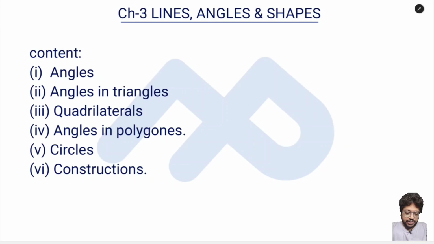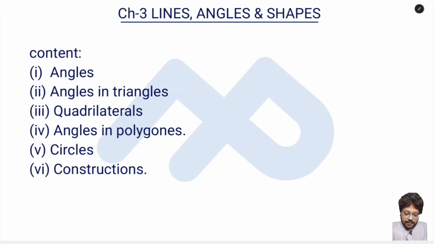So here we are starting the third chapter, that is lines, angles and shapes. In this chapter there are these 6 topics we'll be covering. As you already know, we have this method that we first explain each and every topic with small examples of each, and then there will be separate sessions for problem solving where we'll solve worksheets based on this third chapter.